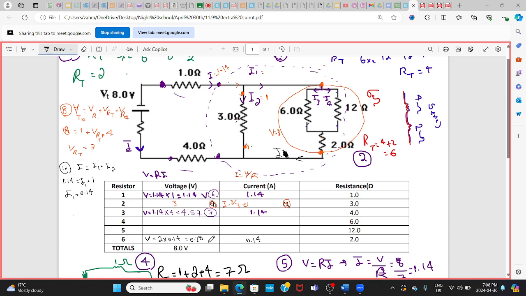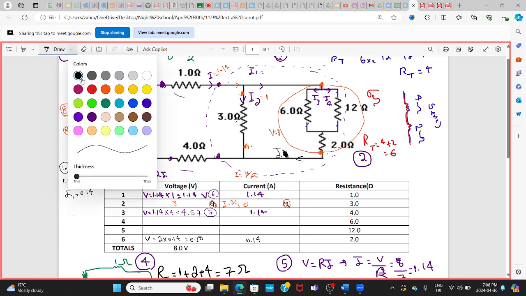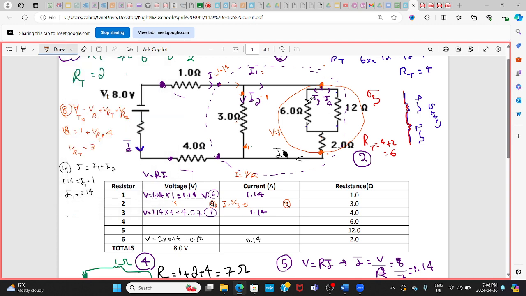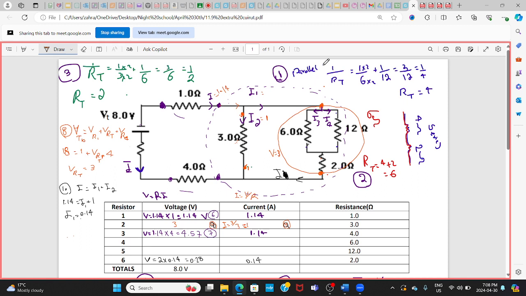Okay, so this is really like a puzzle, right? Now going back here, we need to find the I here. To find the I here, first, I have an R total here. You remember that? What was it? Because these two were in parallel, I said R total here is 4. We got the R total here to be 4.